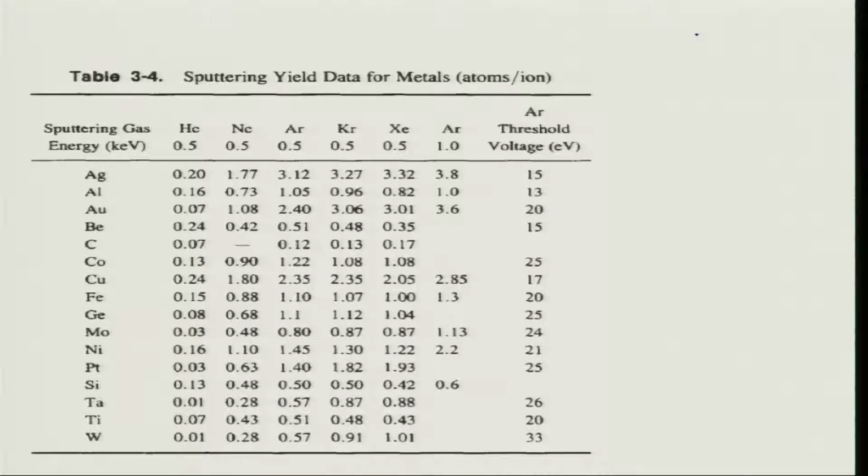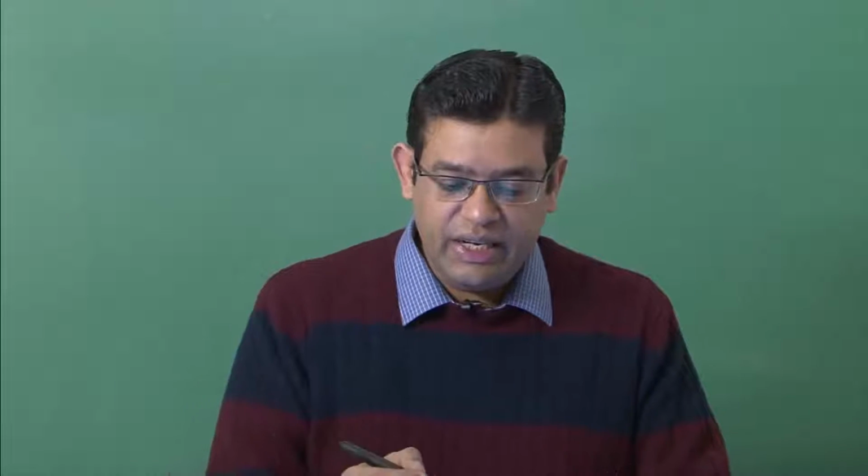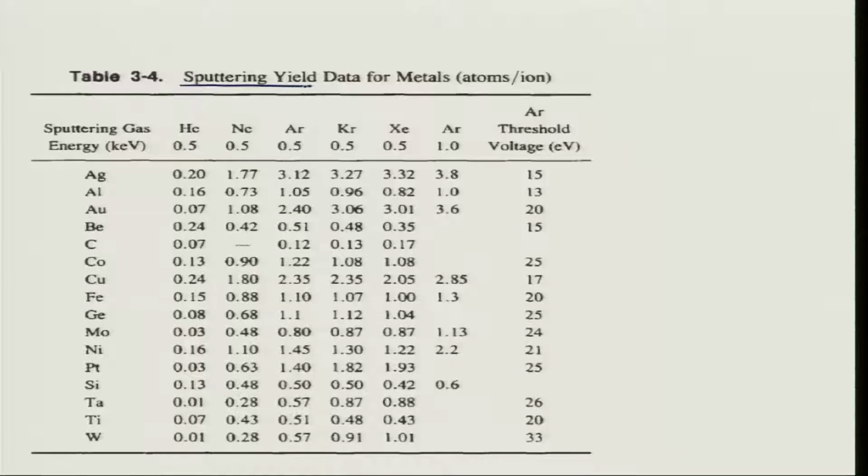So, how many atoms are being sputtered from the target? It's a quantity that we define as sputtering yield. Sputtering yield is the number of sputtered atoms divided by the number of impinging ions.